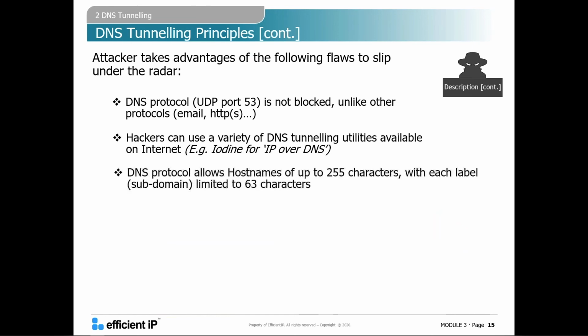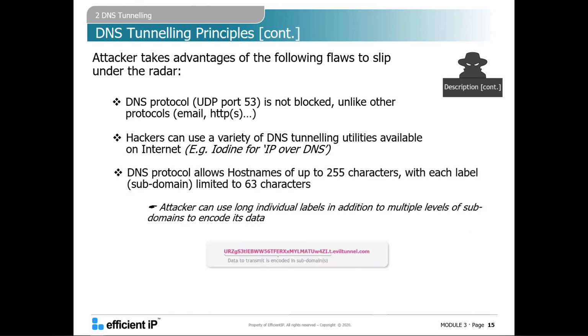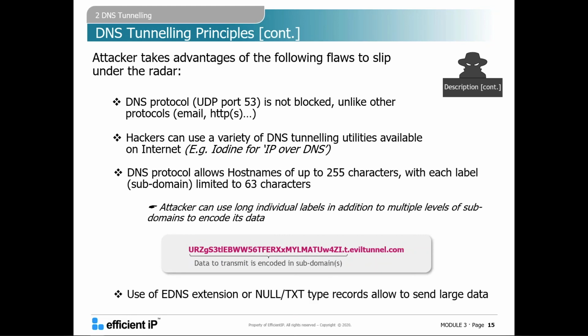So these are the flaws. The DNS protocol, UDP port 53, is not blocked, right? You can block email, you can block HTTP, HTTPS 443, 80, but UDP 53 is always not blocked. Then the hacker uses DNS tunneling utilities, iodine, which you can test out, to create a tunnel, and then sends a DNS request, encoded in this format, to the zone that is hosted by the attacker.